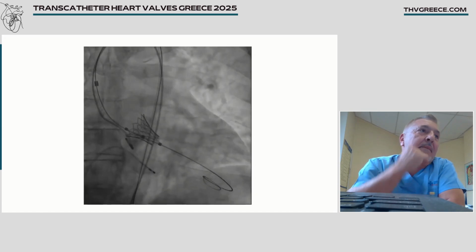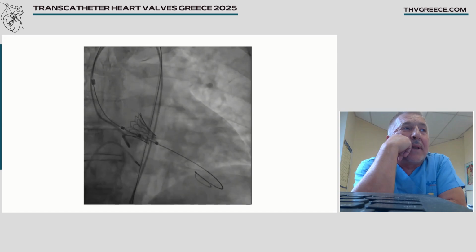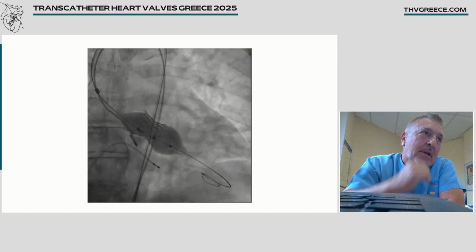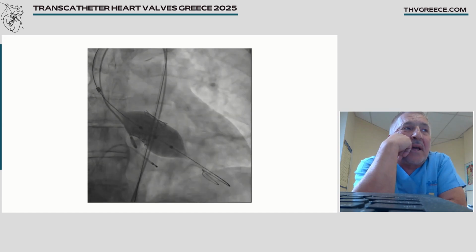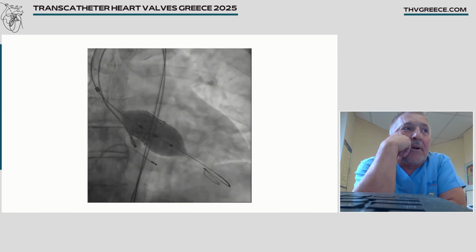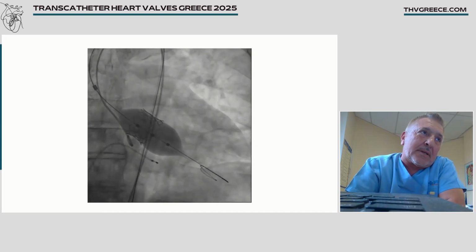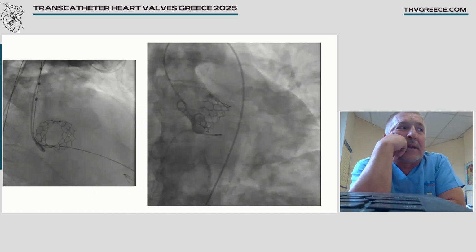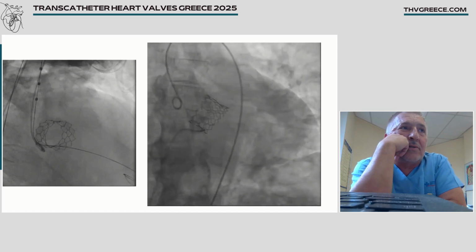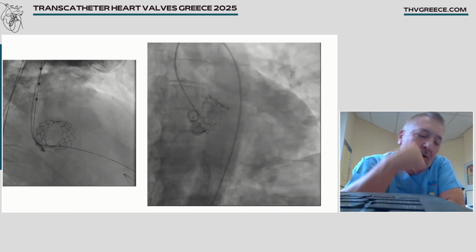So now we have this situation that the valve is in place, but it's not expanded at all. What we have done, we placed the same balloon immediately, a little bit deeper, more in the left ventricle than in the aorta, and we expanded the valve. You see that the expansion is nice in two projections, the position is good, and there is no regurgitation.